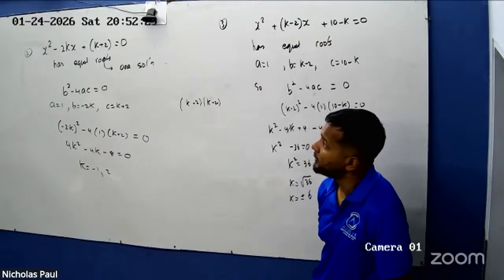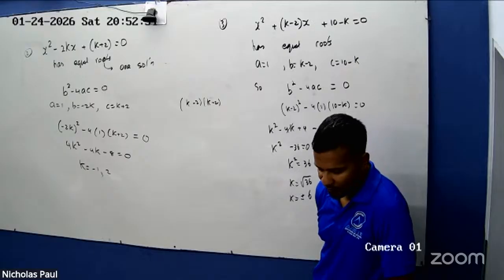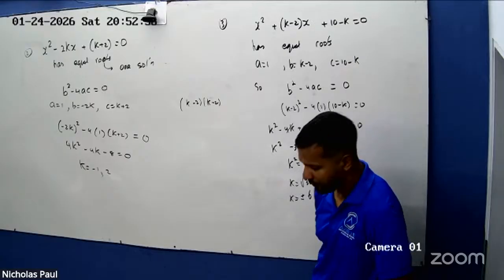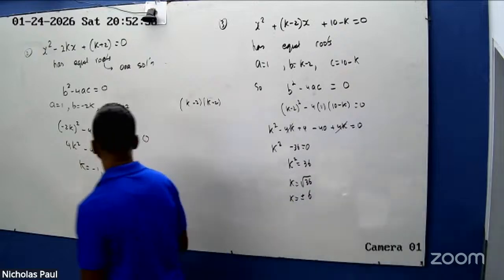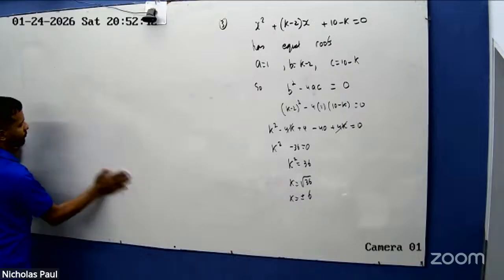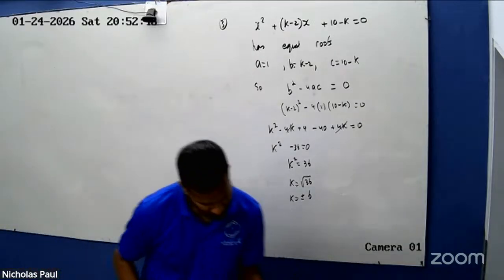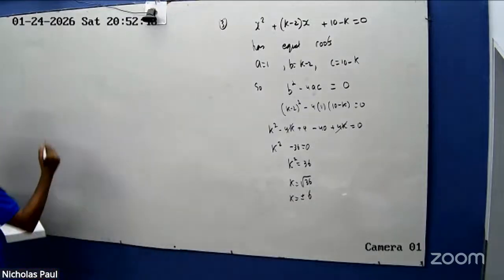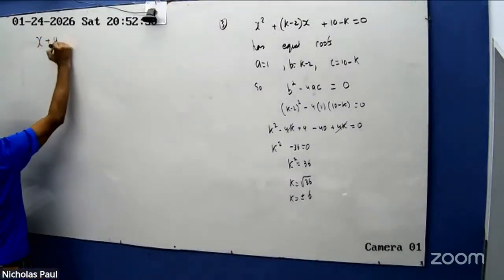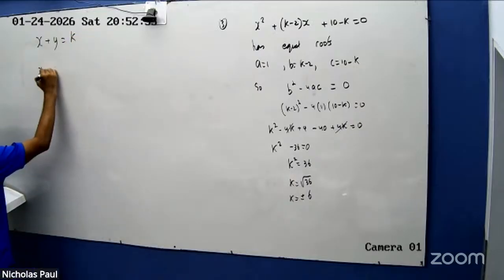Find the values of k if the line x plus y equals k is a tangent.